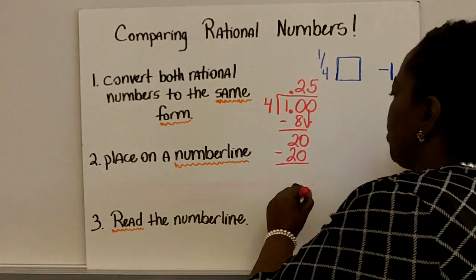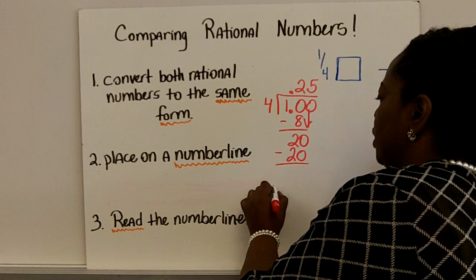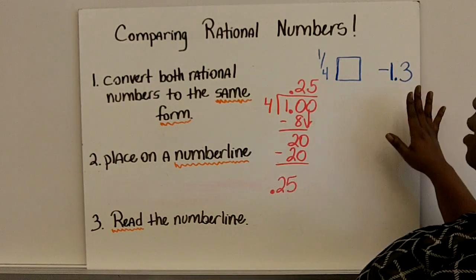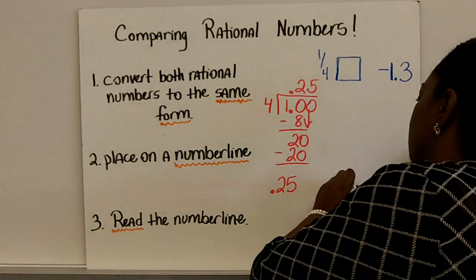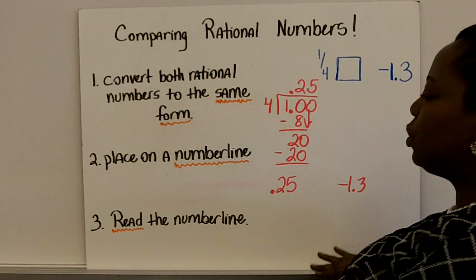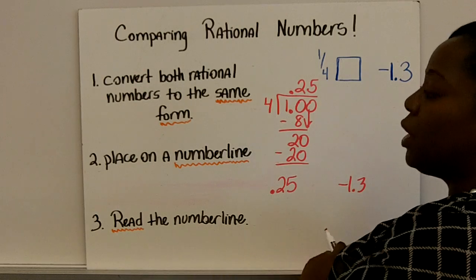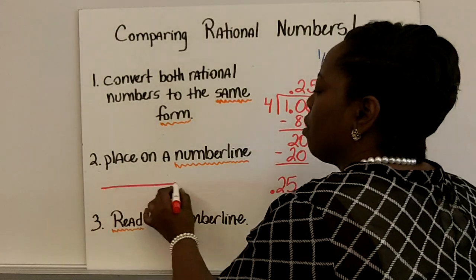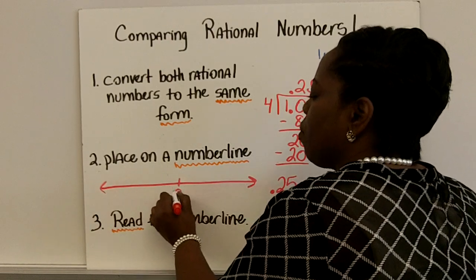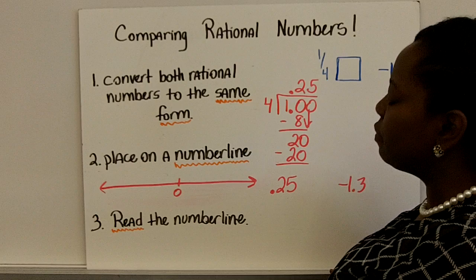So in step 1, we have changed 1/4 to 0.25, and the other rational number was already a decimal, negative 1.3. Step 2 is to place both rational numbers on a number line. So I'm just going to come over here, sketch out a number line, and I'm going to put my 0 down. Of course, 0 separates negatives and positives.